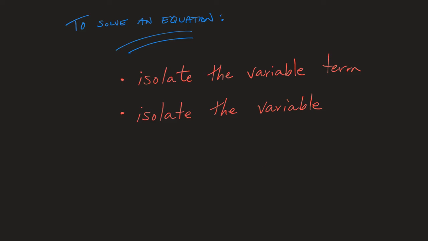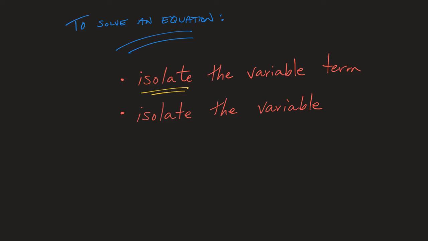I want you to get down your notes. It's basically a 2-step process, and that will allow you to solve any equation you ever come across for the rest of your life where you can isolate a variable term. So step 1, get the variable term all by itself. So any terms that do not contain a variable, get rid of them. Isolate means get it by itself.